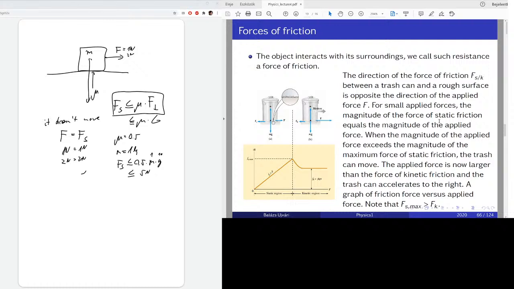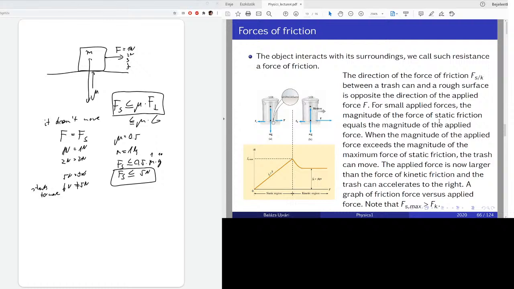How it works: I go up to 3, 4 and 5 Newton, and at 5 Newton external force it still can compensate, but at 6 Newton external force, since it has to be smaller or equal than 5 Newton, it can't be 6 Newton since it's an upper limitation. Therefore, the body starts to move.